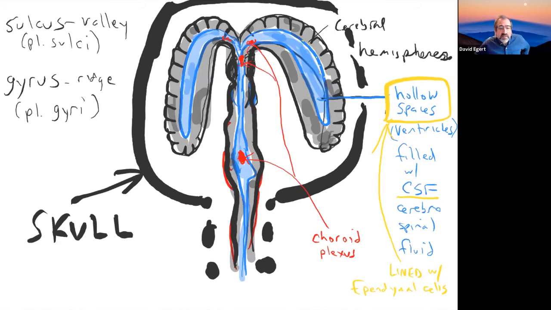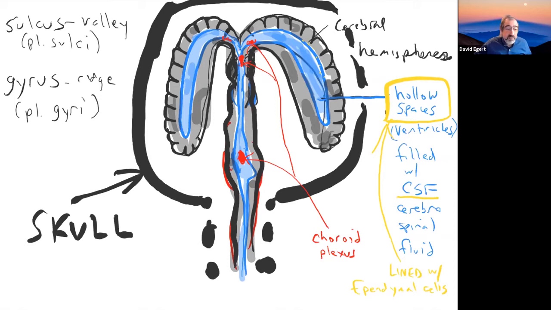So we've got these little structures constantly producing CSF, and they produce quite a bit, I think like 100 mils every 5 to 8 hours. So they're constantly making this CSF, and if we did not drain it, your brain would just start blowing up like a big balloon, because it's being constantly produced.